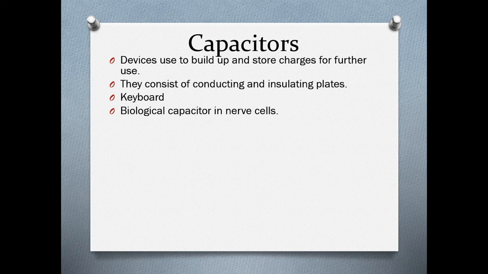And something that you need to remember is that capacitors are not only part of the technological stuff that humans have created, but there are also biological capacitors in nerve cells.